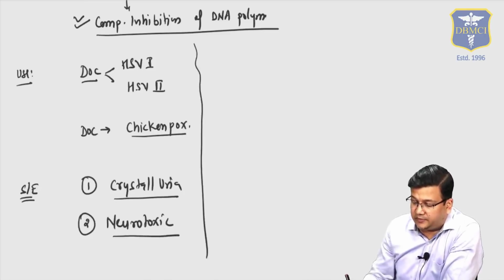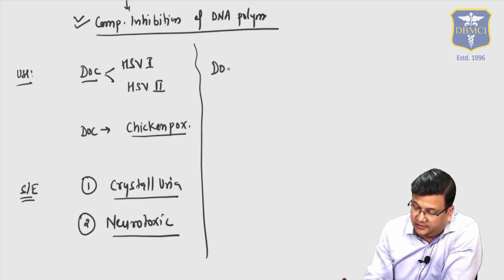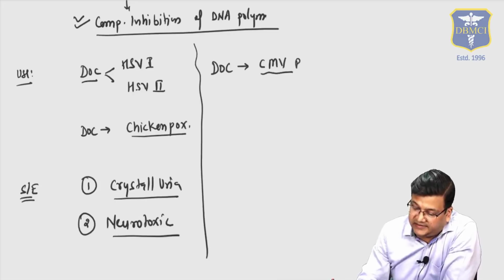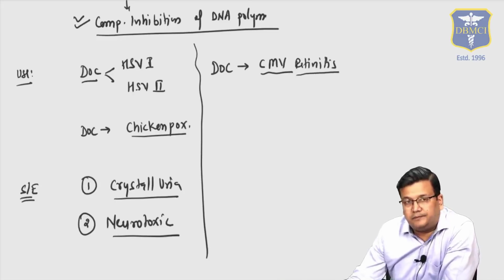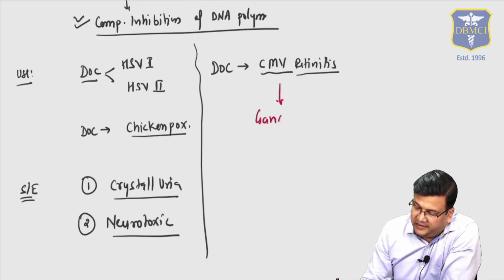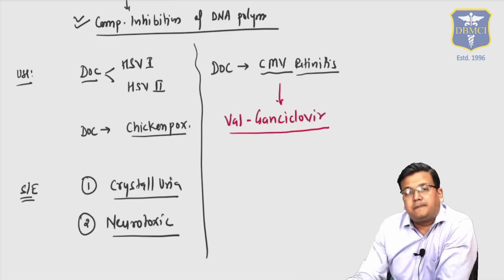This is about acyclovir. Coming to ganciclovir, it is considered the drug of choice for cytomegalovirus. Cytomegalovirus causes CMV retinitis in HIV, so it is used for that. Now here there is a twist. We have a new drug, ganciclovir added to an ester group known as val, so it becomes valganciclovir.